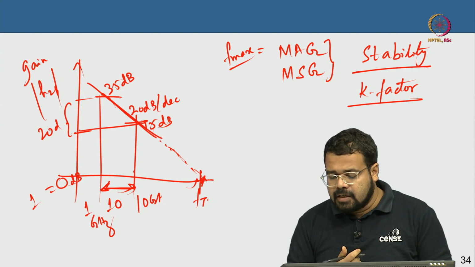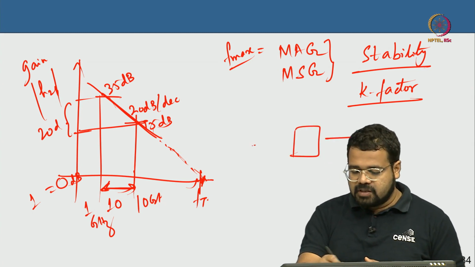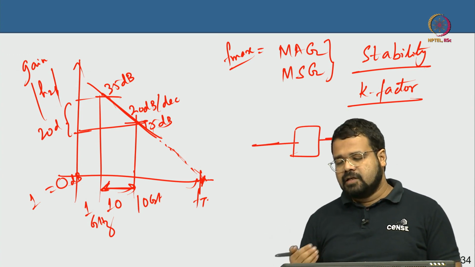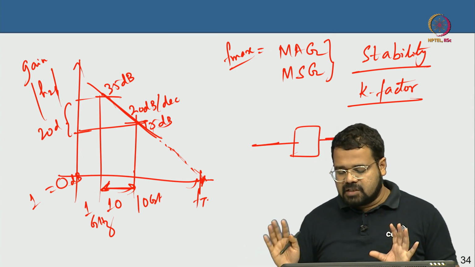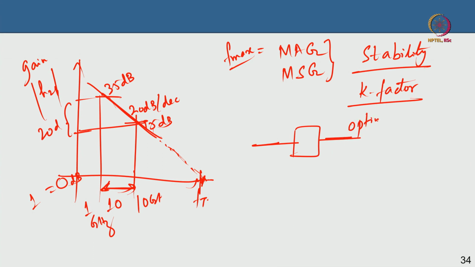Now the thing is, if you have a device, there is an output, there is an input, there is something called matching, the impedance has to be matched. Okay. These are things that we will discuss towards the end of this course about impedance matching, but if you are matching it to an optimal stability, to make sure that this is unconditionally stable, okay, then you call it a maximum available gain. If it is stable only at a certain point, okay, then we call it maximum stable gain. So there are different things.